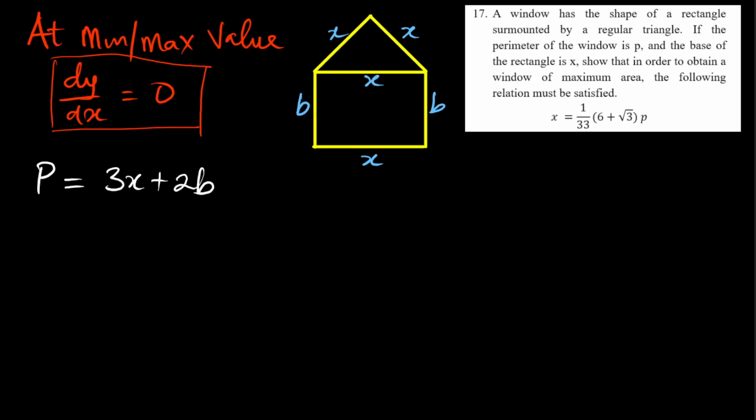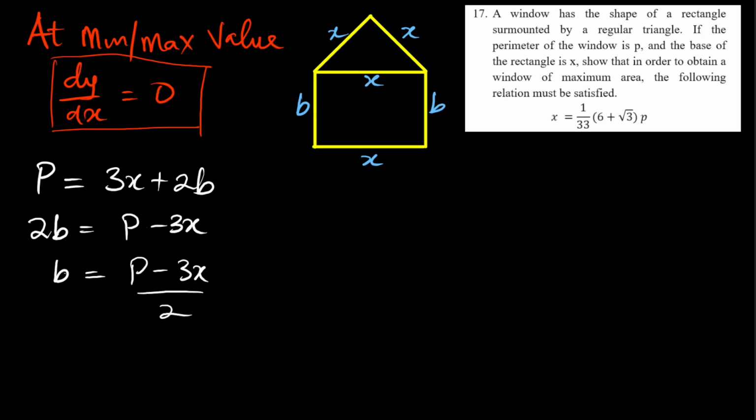Take note, B was not given in the question, and at the end of the day, we are going to express the answer in terms of X and P. So we have to make B the subject of the formula, so that at any point we will substitute the value of B in the equation. So that's going to give us that 2B is equal to P minus 3X, and that B is equal to P minus 3X all over 2.